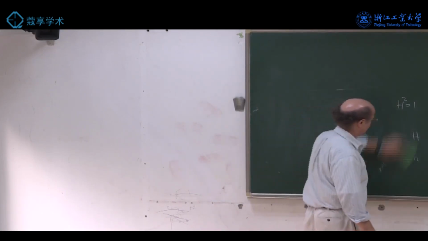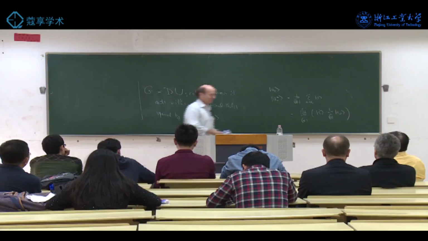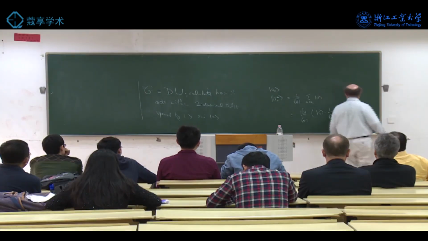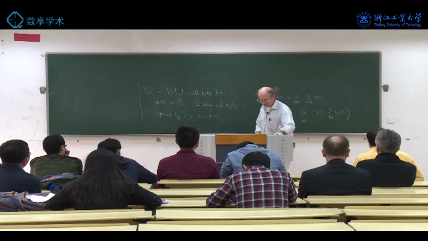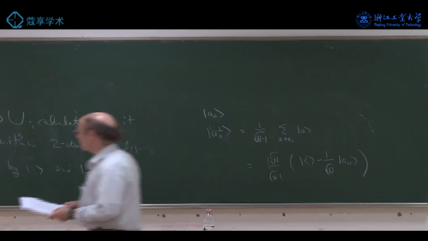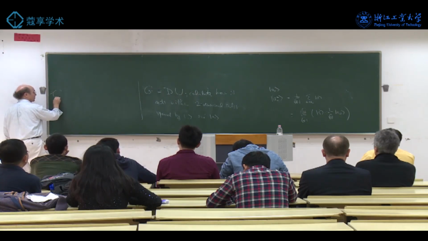So it's a straightforward and not terribly involved calculation, just following the definitions to figure out the matrix representation of G in this two-dimensional space. I'll just write the answer here.